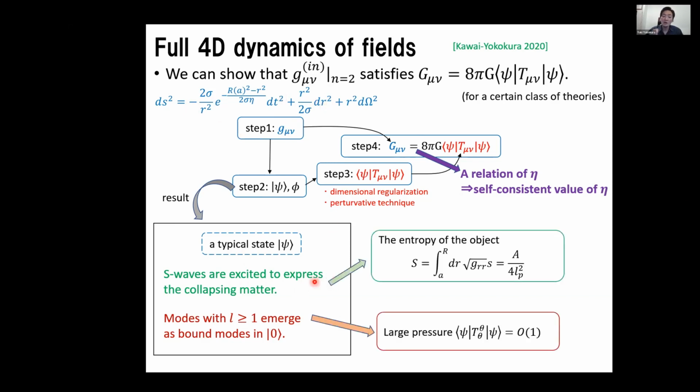Interestingly, counting the possible number of excitation patterns for S waves, we can get this result. Entropy is just area over 4. And using these bound modes, we can check self-consistently this large pressure.